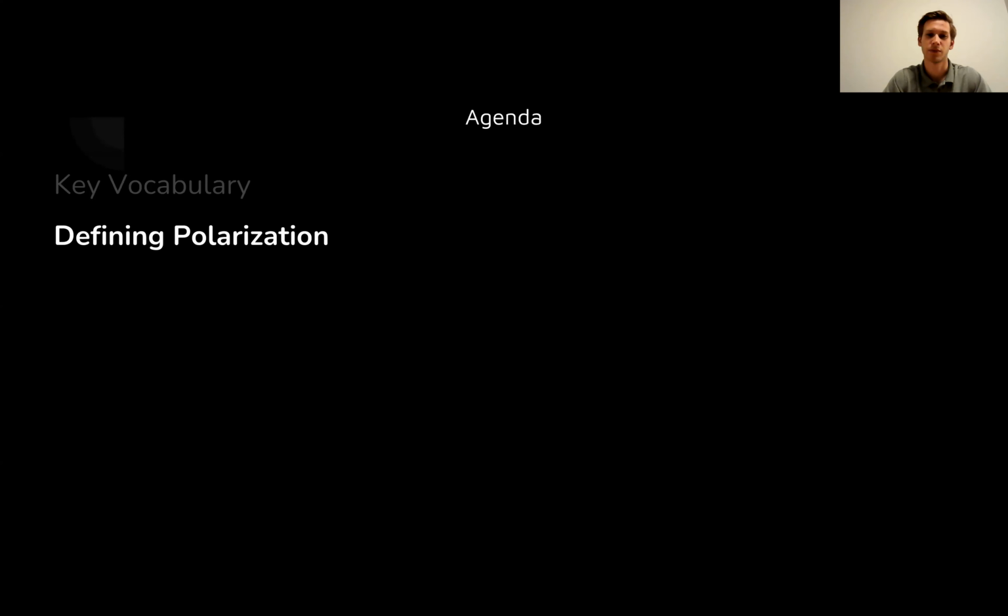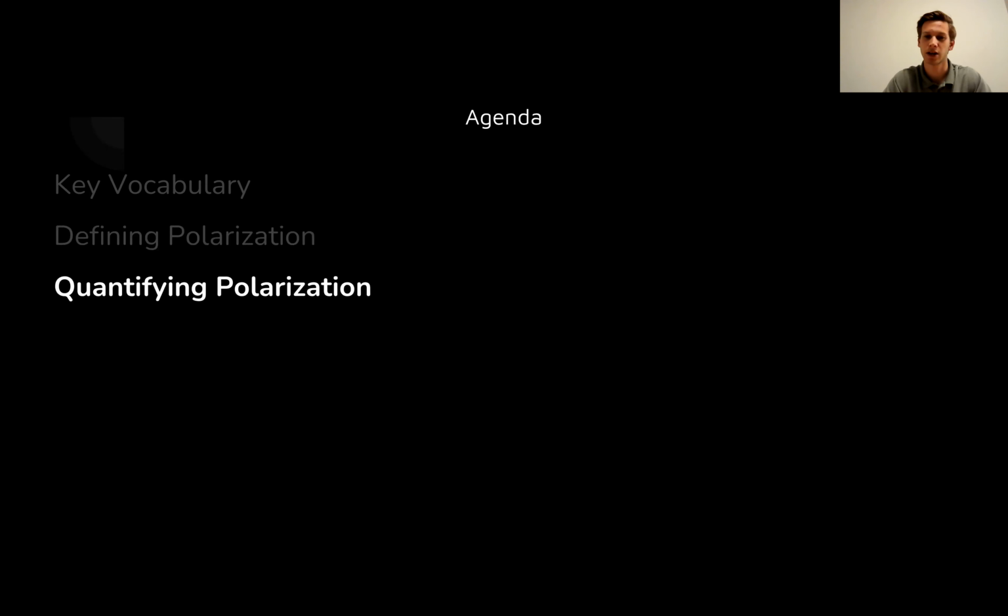First, let's go over the agenda of the presentation. We're going to go over key vocabulary first, because polarization is a pretty large topic, so we need to specify what we're specifically talking about. Next, we're going to define polarization, to define the exact polarization we're talking about. Then go into quantifying polarization, in terms of how we are going to get polarization down to a number.